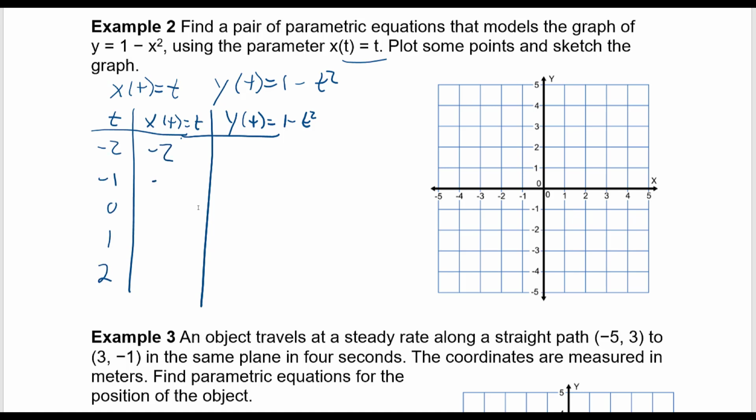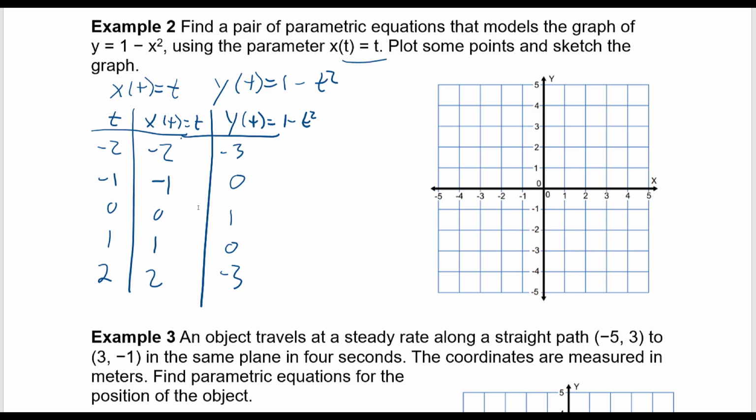Now 1 minus -2 squared: 1 minus 4 is -3. 1 minus -1 squared is 0. 1 minus 0 squared is 1. 1 minus 1 is 0. And 1 minus 4 is -3.